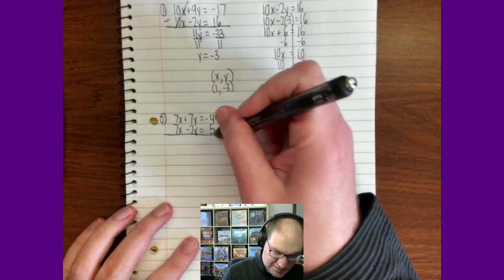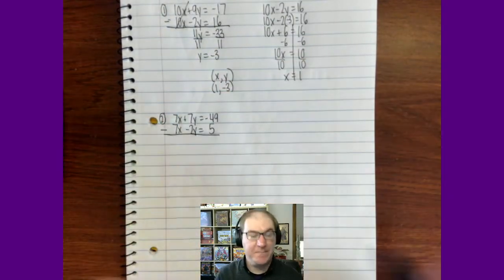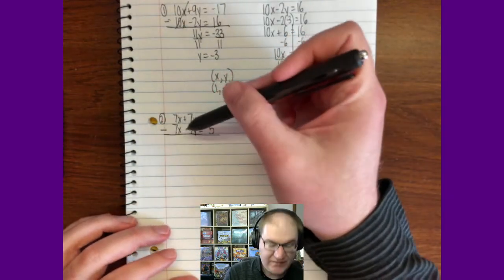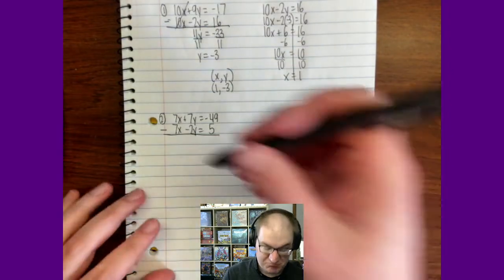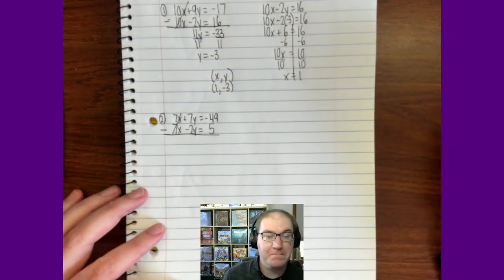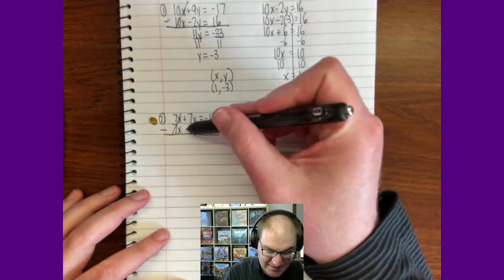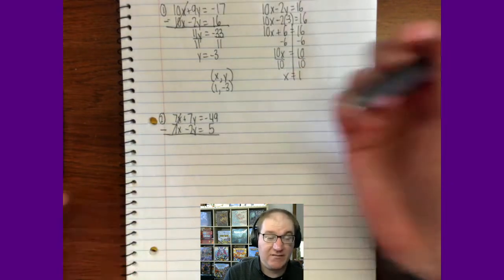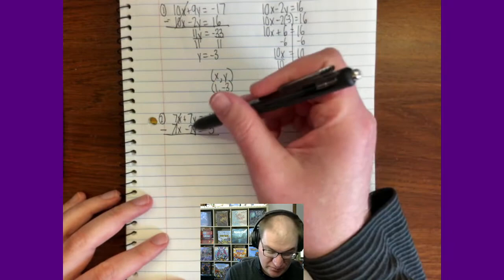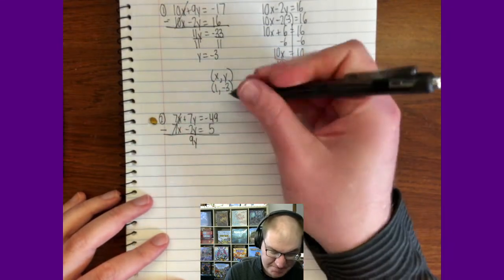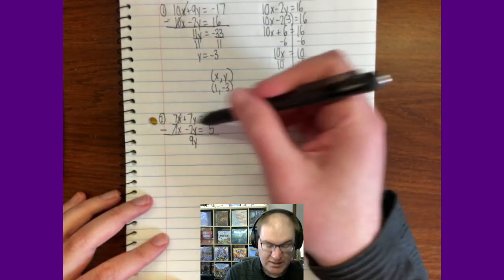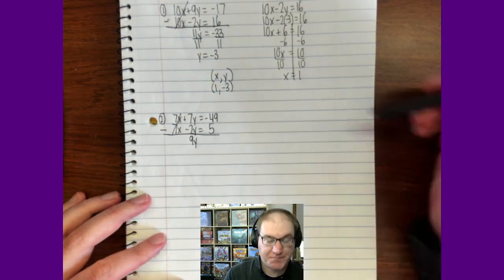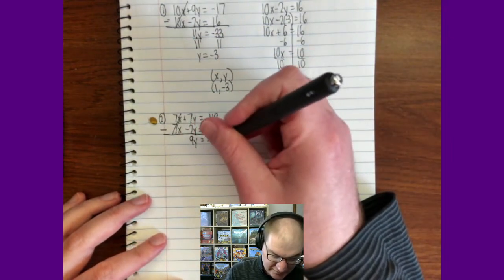Let's do a big old line and a big old minus sign. 7x minus 7x is no x's. Just ignore them for now. 7y minus negative 2y. 7y minus a negative, that really means plus. So 7y plus 2y is 9y. And negative 49 minus 5 is equal to negative 54.